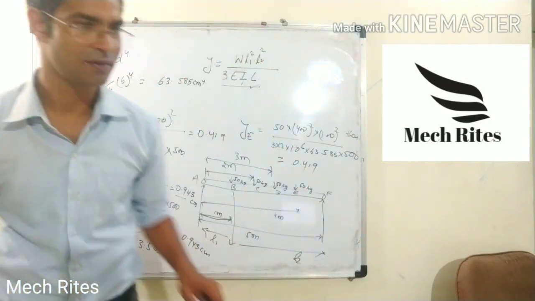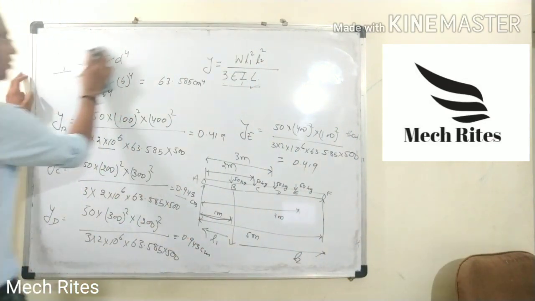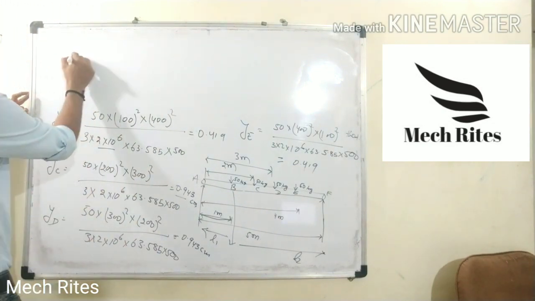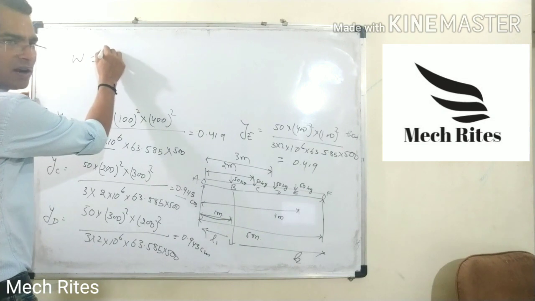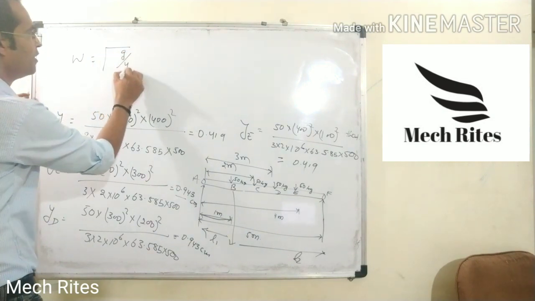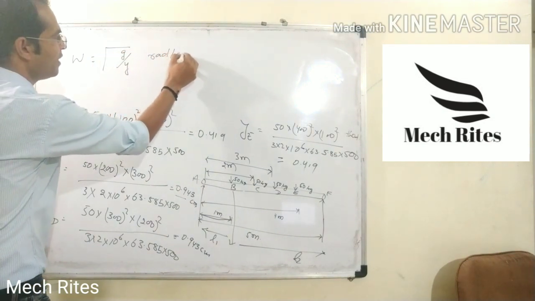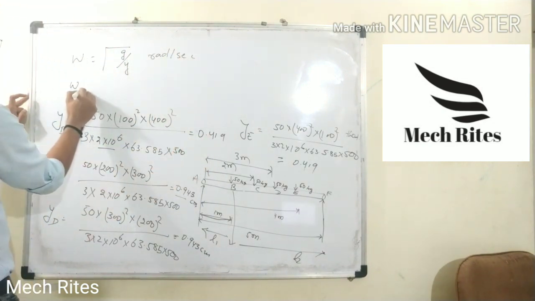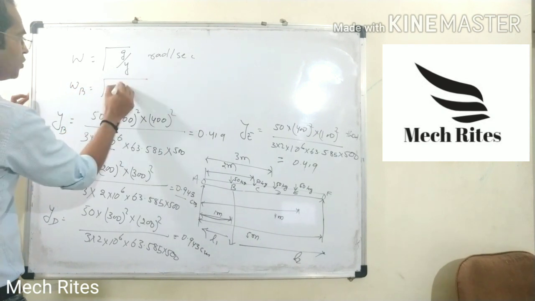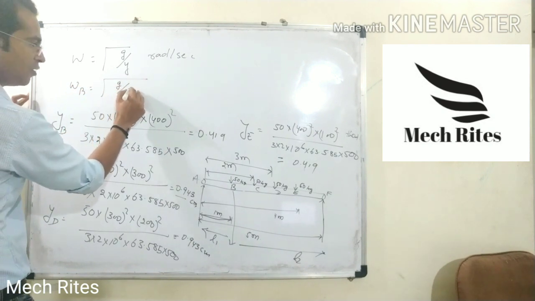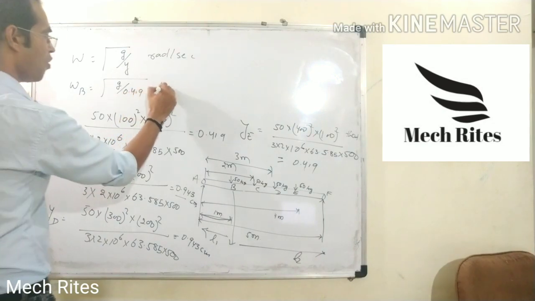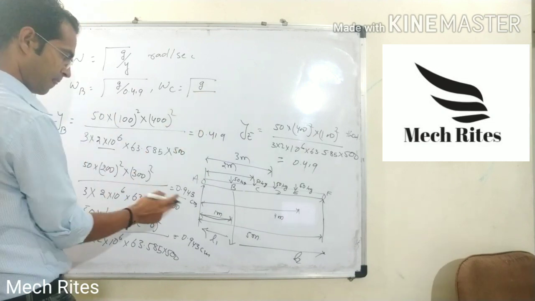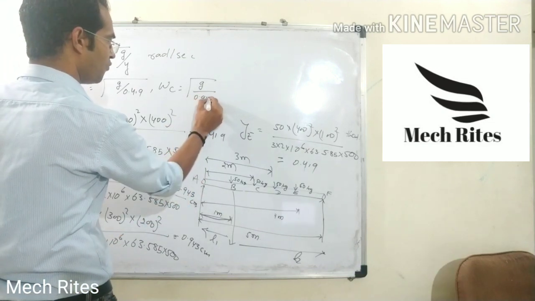Now it's very easy. We know that omega equal to under root G by Y radian per second. G you know, the Y values we got here. So omega B will be under root G by 0.419. Omega C will be under root G by 0.943.